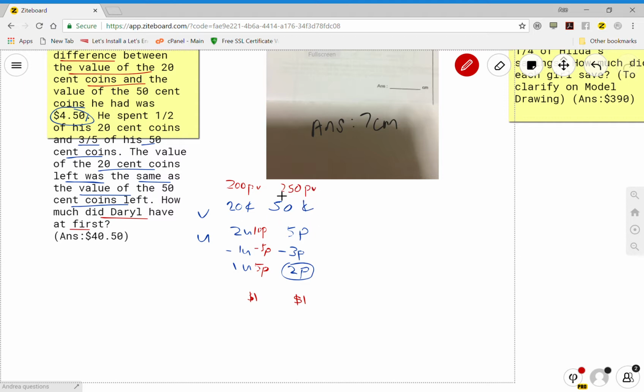So the difference is actually 50 PV, and 50 PV represents $4.50, correct? Because that's the difference. Right, so now I want to find how much. I take value times parts. So this is 20 times 10. 20 times 10 is 200.